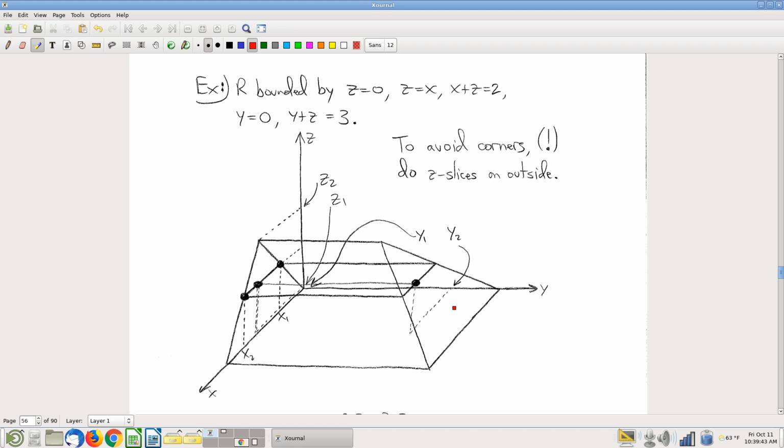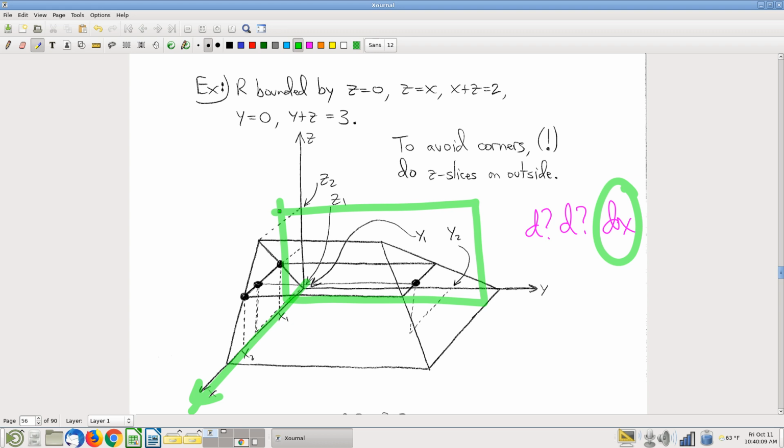So for example, let's suppose I made what we're going to momentarily see to be a bad decision, and suppose I wanted to do my dx slicing first, and then whatever next. Let's not worry about those. But if I'm doing my x slicing first, I'm making cuts perpendicular to the x-axis.